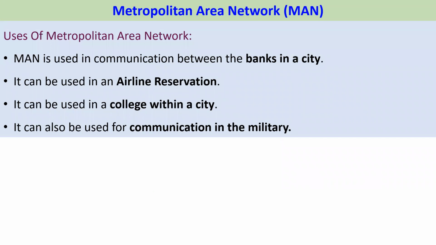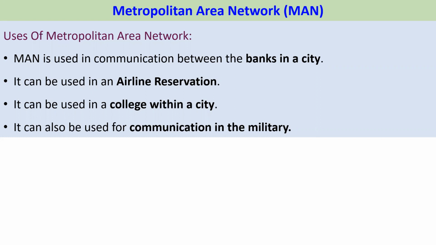A metropolitan area network is normally used in banks. Right, banks in a city. In a city, normally 4 or 5 branches are available. They want to connect with each other, so by connecting these 4 or 5 branches, they can establish a network, right?